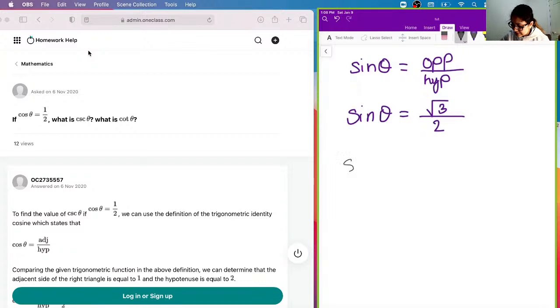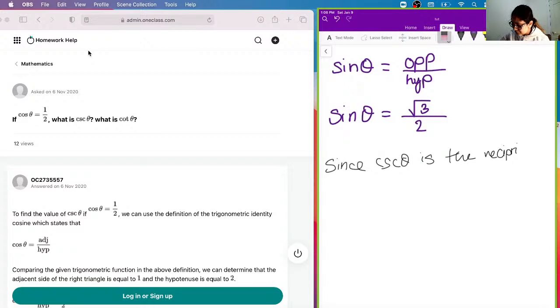So since cosecant theta is the reciprocal of sine theta, we can determine the value of cosecant theta by getting the reciprocal of the above expression, which is root 3 over 2.